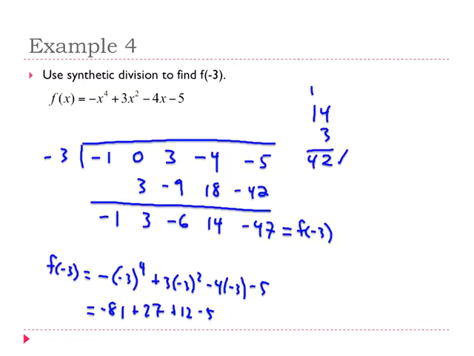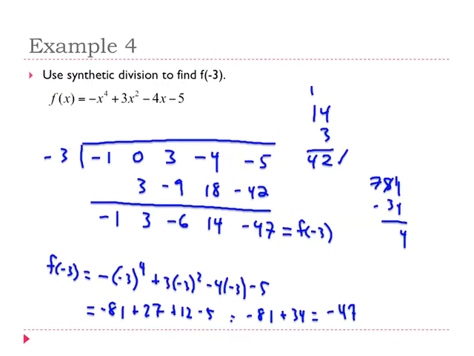Negative 3 to the 4th is positive 81, and the opposite of that is negative 81. Let's see what happens here. We're going to get negative 81. 27 and 12 is 39. 39 minus 5 is 34. Plus 34. And is it true that that is negative 47? 81 minus 34. Let's check it out.